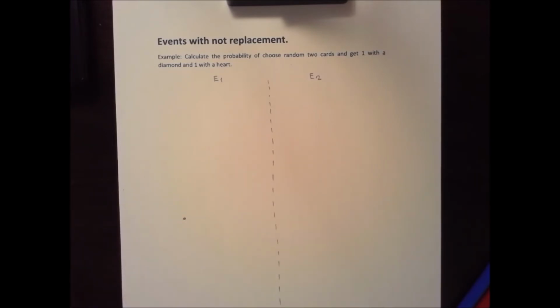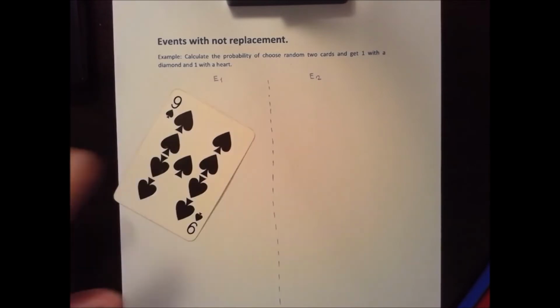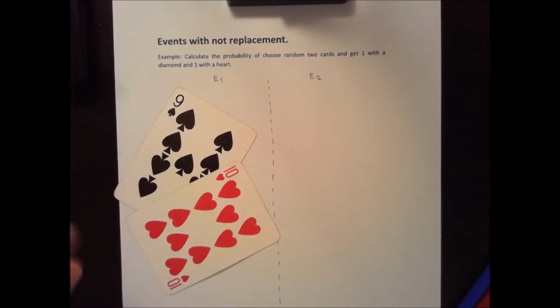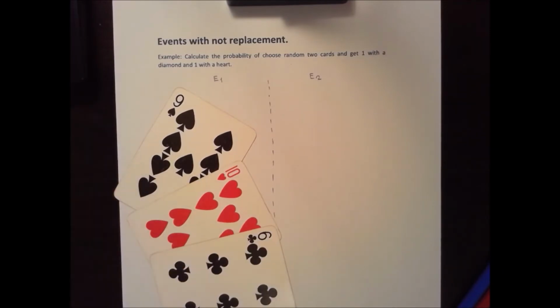Okay, so look at this. Here, the thing that is involved is the type of card. Remember, we have cards with spades, we have cards with hearts, we have cards with clubs, and we have cards with diamonds.